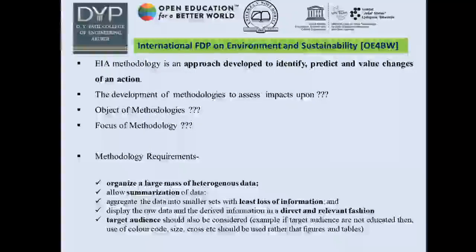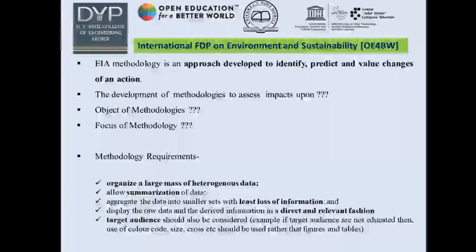Then impact over time and space. What will be the impact at the initial stage, at the middle stage, and at the completion and working stage, and what will be the impact in space? For example, if you construct a hydroelectric dam, within 1 kilometer what will be the impact on ecology, and what will be the impact on the downstream side. Such parameters also we have to decide.